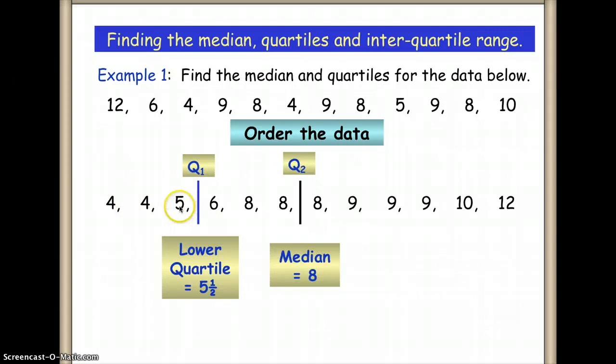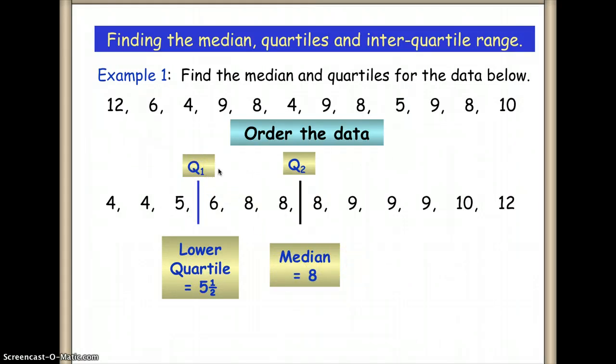There are 3 data items on each side, and the middle is between 5 and 6. Adding 5 and 6 gives 11, divided by 2 is 5.5. So Q sub 1 is your lower quartile and also your 25% of the data.